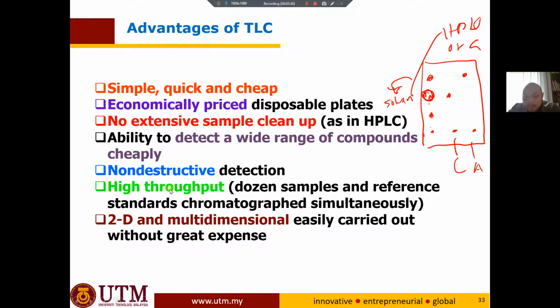Then high throughput, that is about the same as this point. 2D and multi-dimensional, easily carried out without great expense. We can refer to the same as the first point. Very simple, no expertise is required for this.